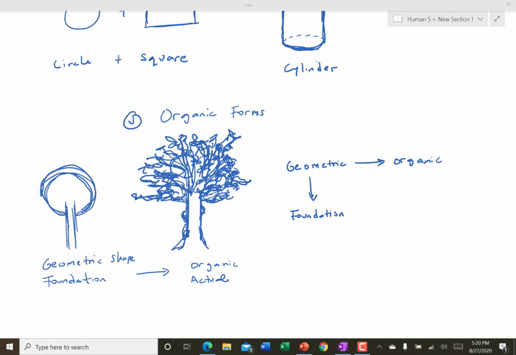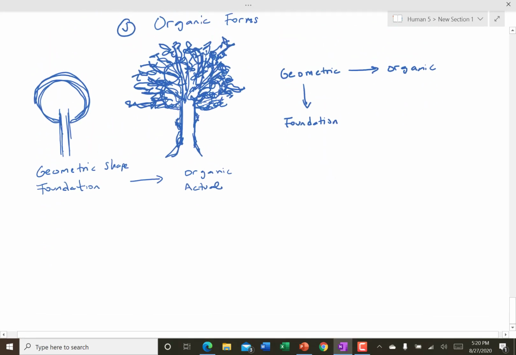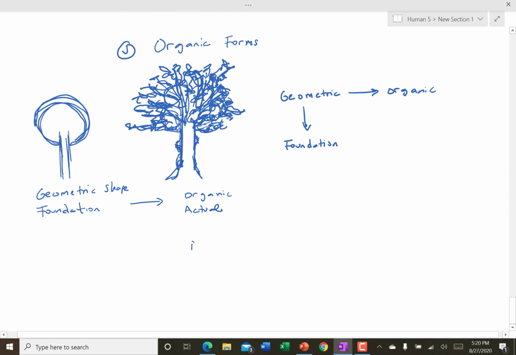But do you see, I made this smaller, but if I made the circle larger, you've got that foundational base, but what it turns out in the end is something different. And just like with organic shapes, organic forms are the things in the natural world. This doesn't change. It's just that one is two-dimensional and one is three-dimensional.